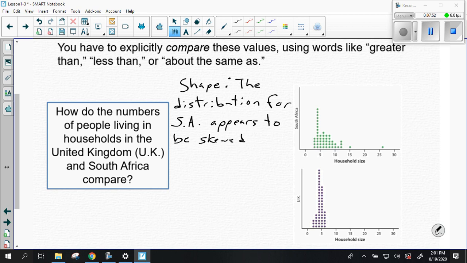While the distribution for the UK, what does it look like? It looks roughly symmetric. I wouldn't say that one is skewed left. I would want it to be pushed over a little more to the right and have more low values over on the left-hand side of the graph. So this is roughly symmetric.